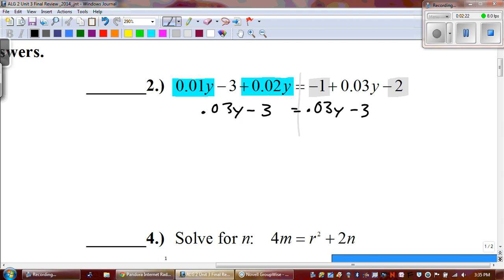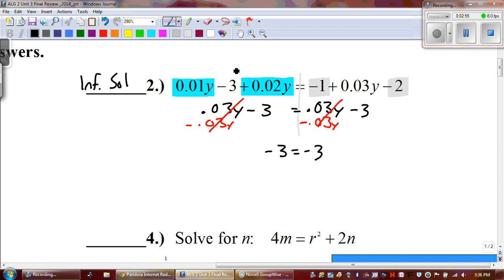Now, if you notice, they're both the same. If we subtract the variables to get them onto one side, those cancel and we're left with negative 3 equals negative 3, okay? Which is infinite solutions.